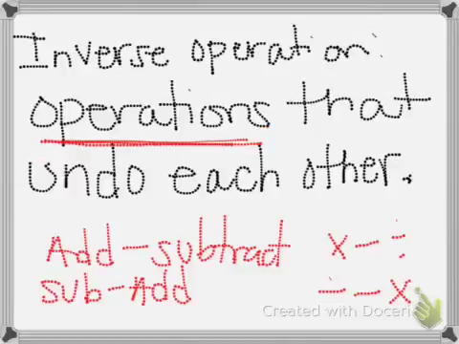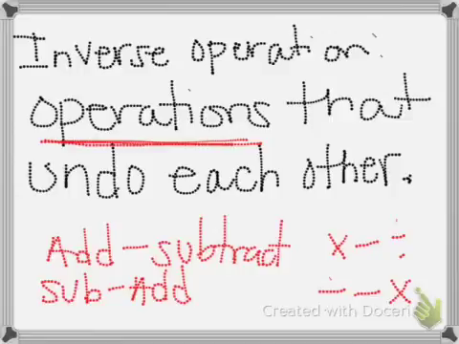The next word is inverse operations. Inverse operations are operations that undo each other, or you may know them as opposites. So down here, I have them listed. If I have addition in my equation, then my inverse is going to be subtraction. If I have subtraction, then my inverse is going to be addition.